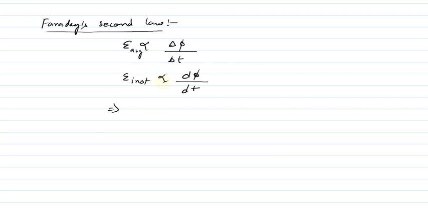If we remove the proportionality, there will be a proportionality constant k, so E equals k d phi upon dt, where k has the value 1.